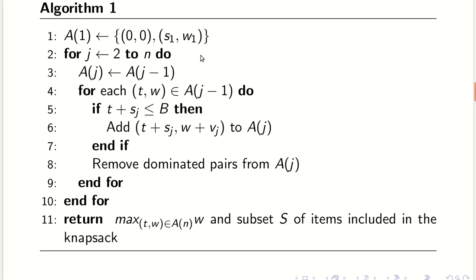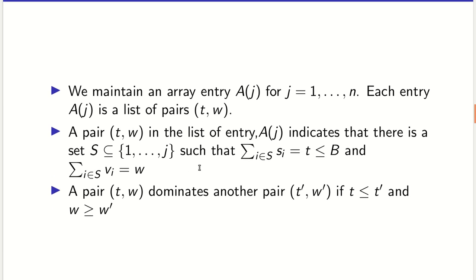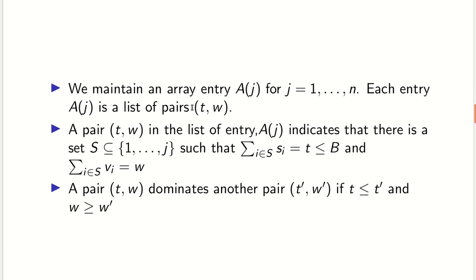So let me explain the terminology. Basically we maintain an array entry Aj, or as I was calling it before, a list, and each entry is a list of pairs t comma w.